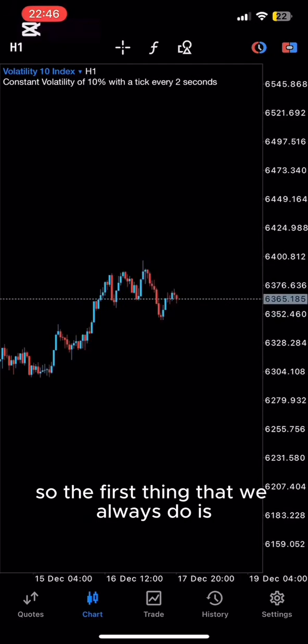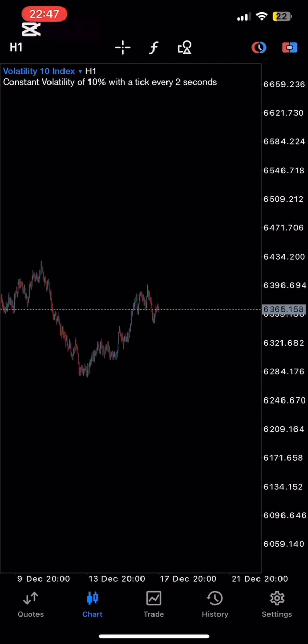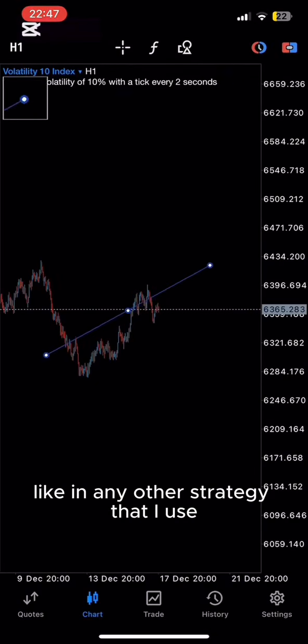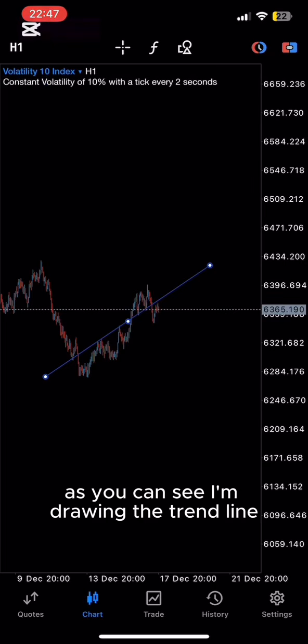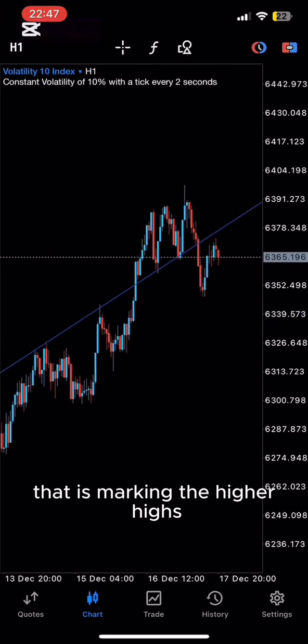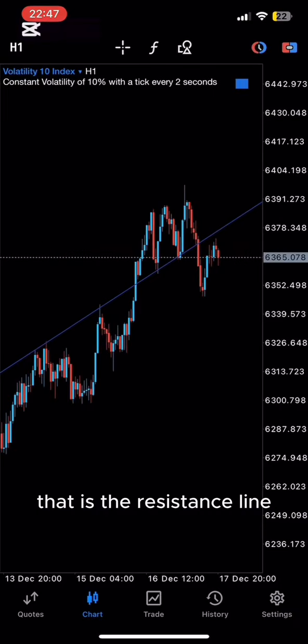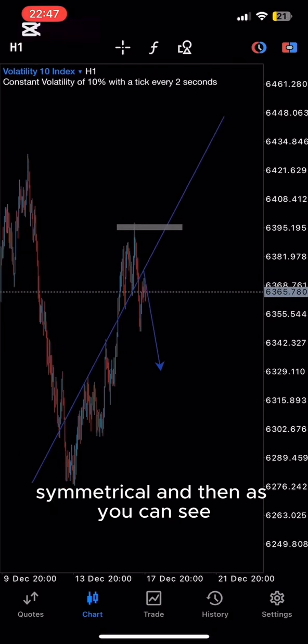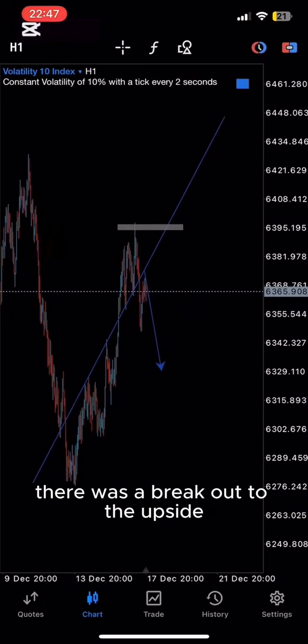So the first thing that we always do is we look for the areas of confluence, like in any other strategy that I use. As you can see, I'm drawing the trend line that is marking the higher highs, that is the resistance line, and then I have put another resistance line that is symmetrical, and then as you can see, there was a breakout to the upside.